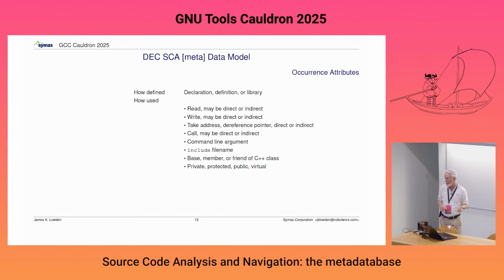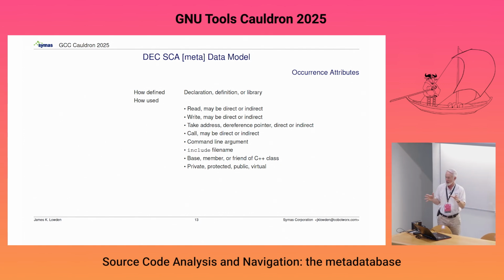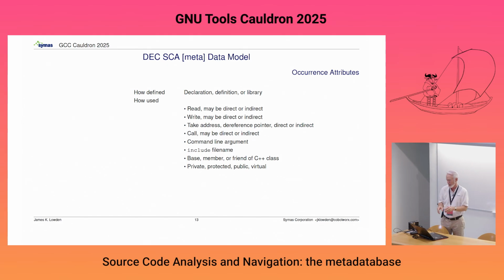It'll tell you about base classes and distinguish between private and protected. All of that stuff, I'll repeat, is in the parse tree already. They captured this information and were able to query it.